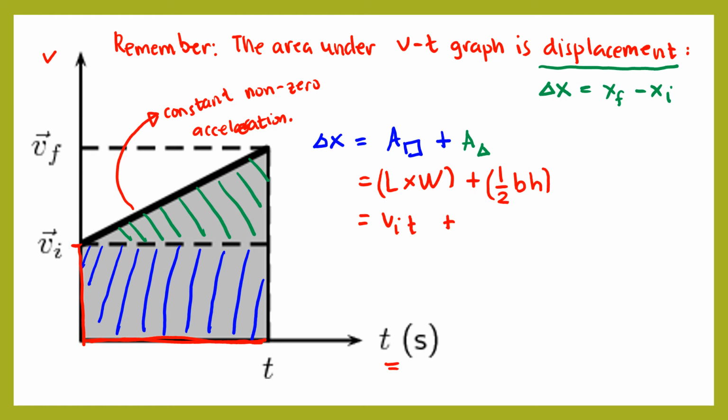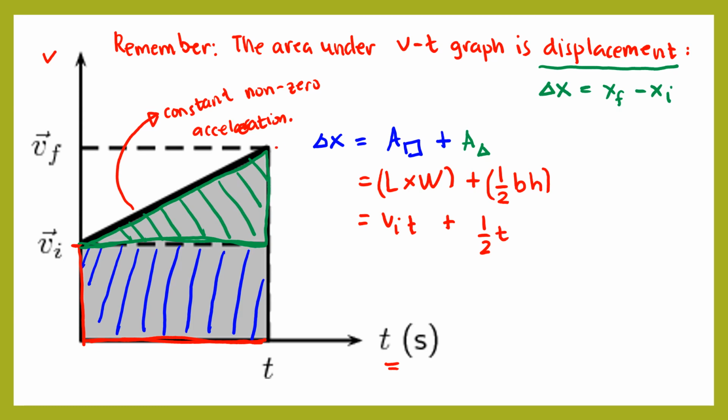Plus, we have 1/2. We are now looking into the area of our triangle. For this triangle, the base is this side here, and that is equal to t, multiplied by its height.